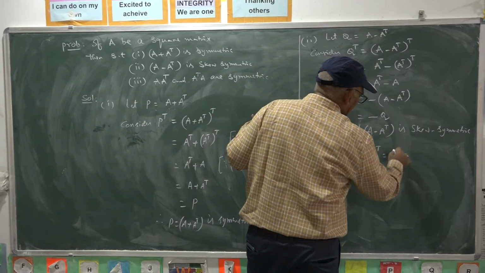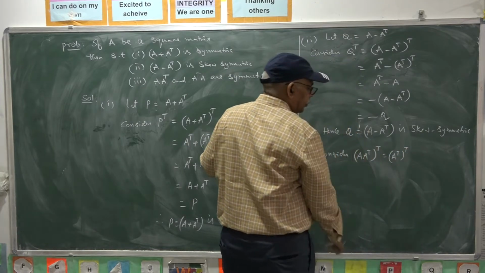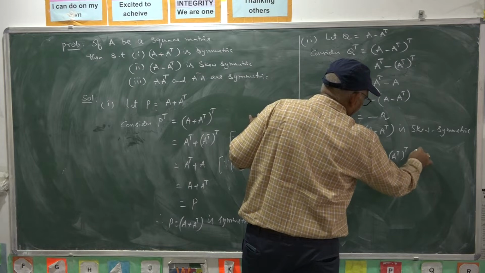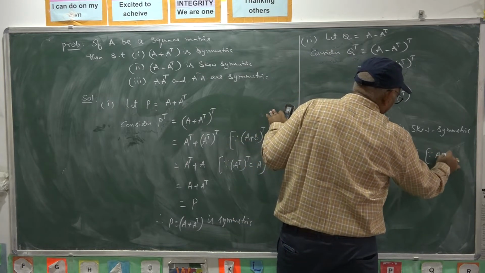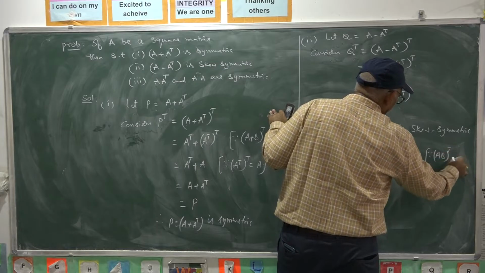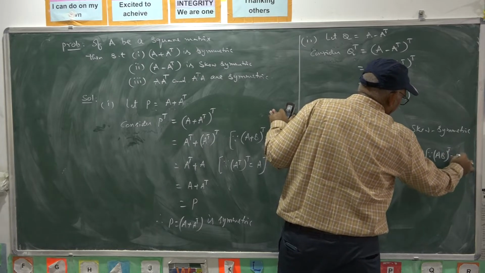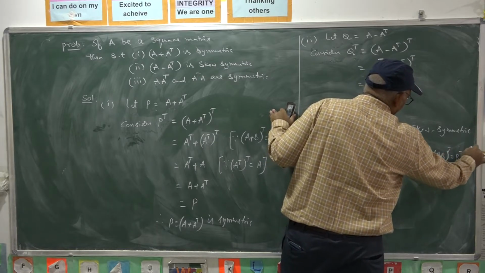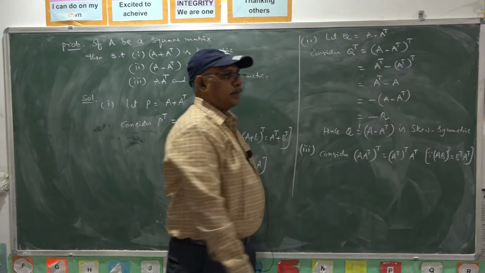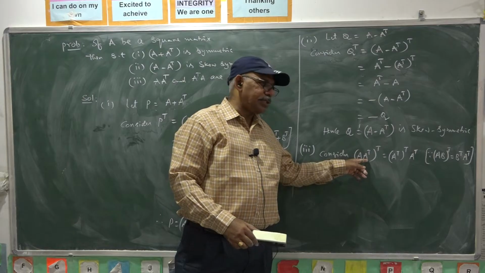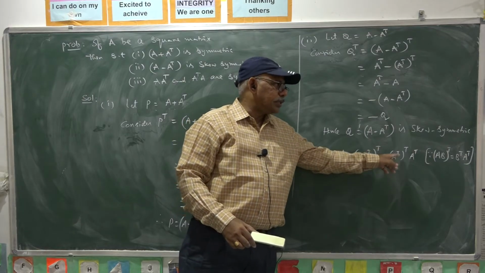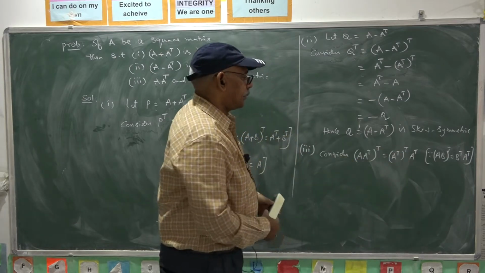By reversal law, this is A transpose whole transpose into A transpose, since by properties of transpose matrix, AB whole transpose is B transpose A transpose. Let us consider this is A and this is B.